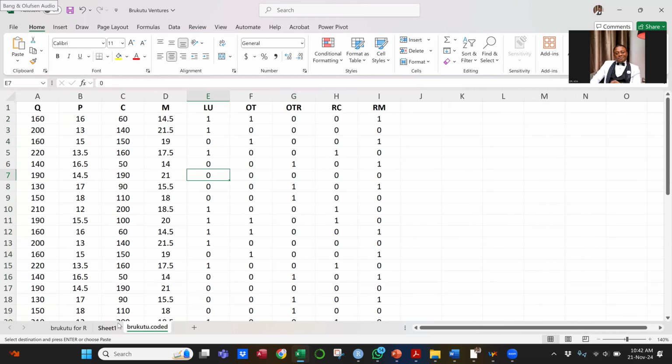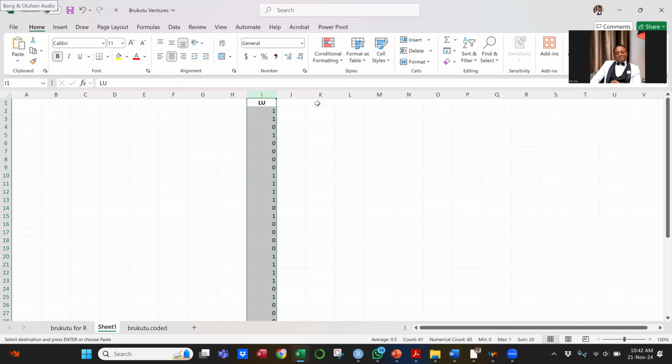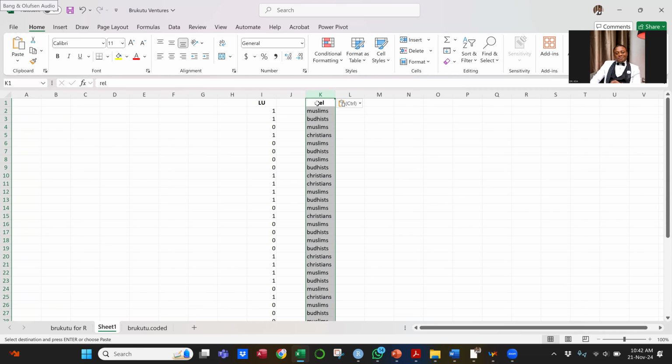Okay, 3 levels. So here, when it comes to religion, you have to create 2 dummies. So take it, write it down somewhere. Whenever you have 3 levels, you need to create 2 dummies, because the one you don't create is always the reference category.